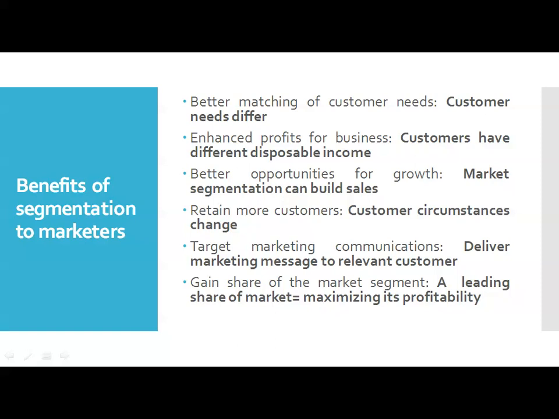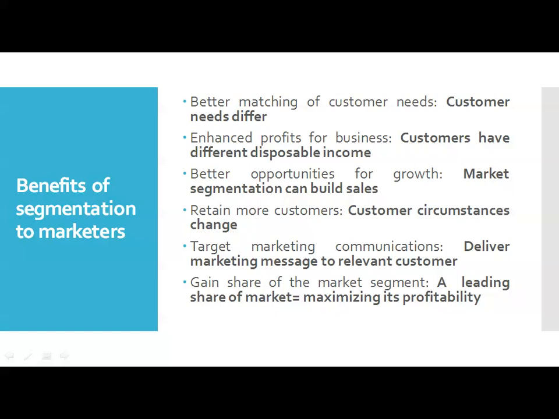Fourth is retain more customers. Customer circumstances change. By marketing products that appeal to customers at different stages of their life cycle, a business can retain customers who might otherwise switch to competitive products and services or other competitive brands.